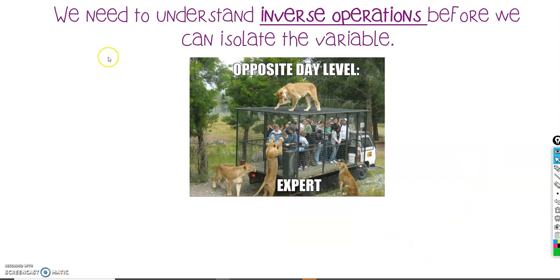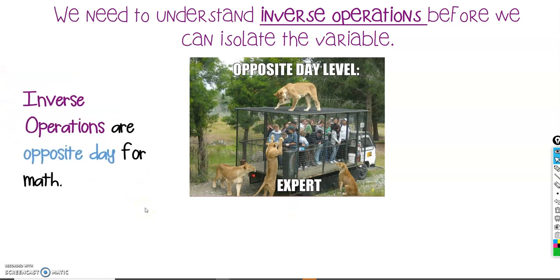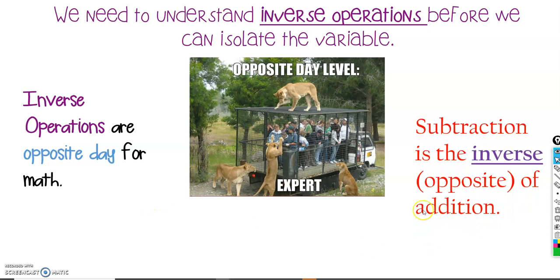To be able to do that, we have to understand inverse operations to be able to isolate that variable. So this is like opposite day for math. Inverse operations are opposite day for math. Subtraction, sorry, this is just an example, is the inverse or opposite of addition. So if I have x plus 5, x minus 5 would be the opposite or the inverse operation.